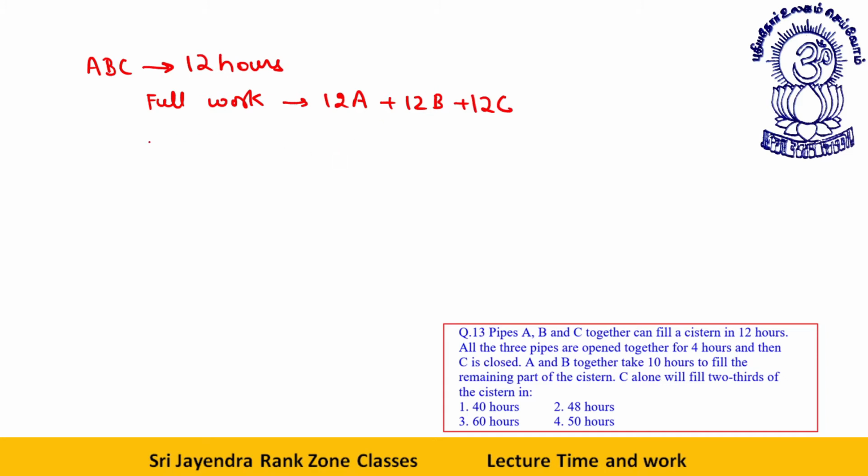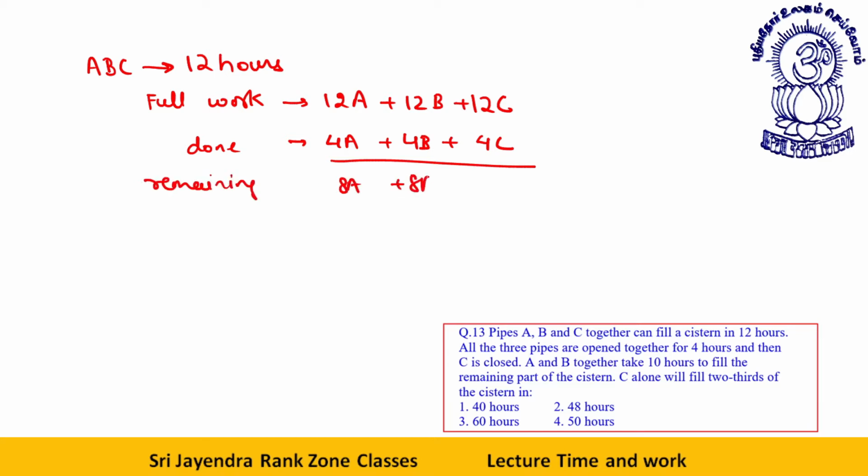Now, portion done. All the three pipes are open together for 4 hours. How much work is done? 4A, 4B, 4C. Students, I'm telling you, this is the best method which I will be teaching you. How much is remaining? The portion remaining is 8A, 8B, 8C.